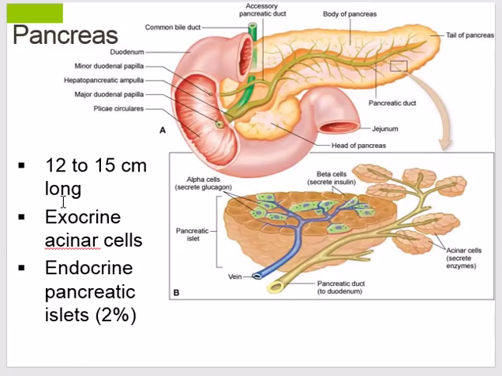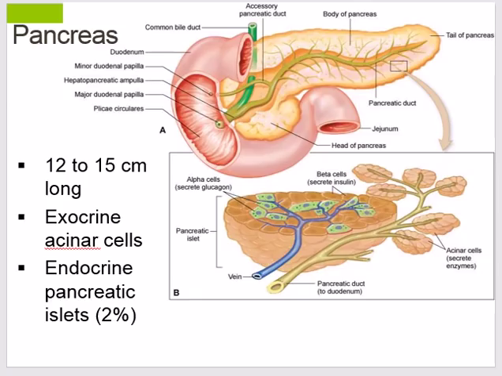And think of EX for exiting. These digestive juices are going to exit the pancreatic duct, and they're going to end up being part of our external environment, because we know that the GI tubing is part of our external environment and not part of our internal environment.